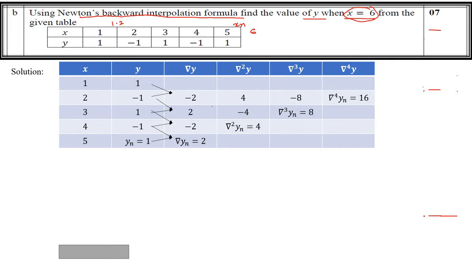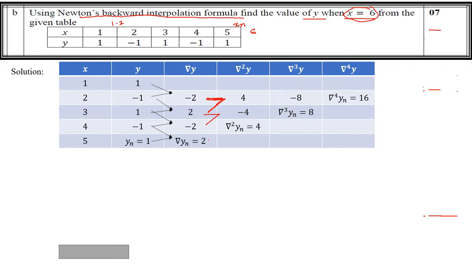Next, similarly, I am going to find the difference between these two. 2 minus of minus 2 becomes 4. Similarly, minus 2 minus 2 becomes minus 4.